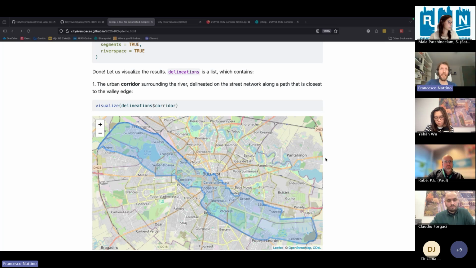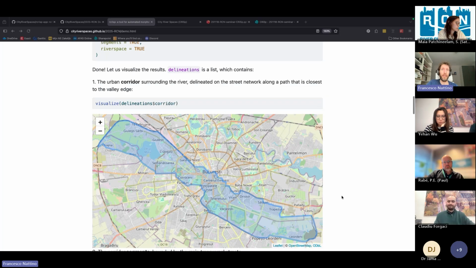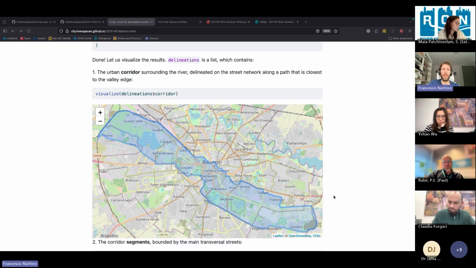So this is the area surrounding the river that follows an initial guess of the valley edge, which is built by Rcrisp as a starting point, and the corridor is delineated on top of the street and rail network. So you see that the lines follow the OpenStreetMap streets and railway network.